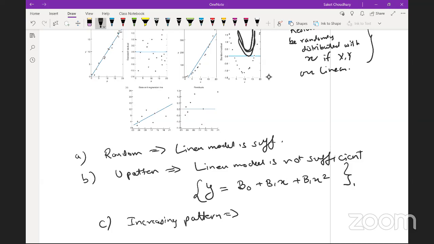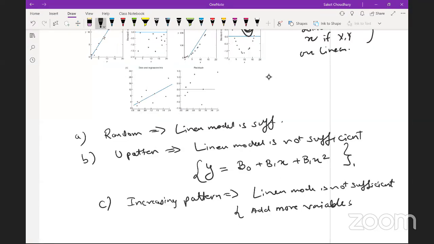That also means that the linear model is not sufficient. One possibility for this is to add more variables to the model, which is called multivariate regression.